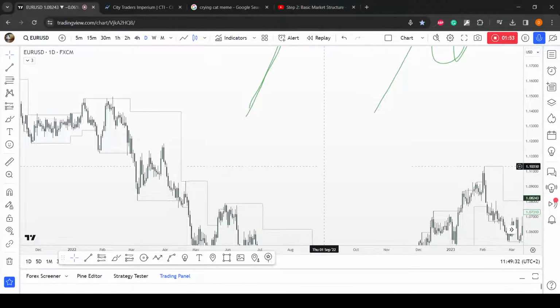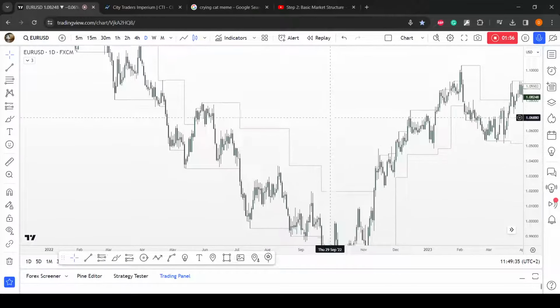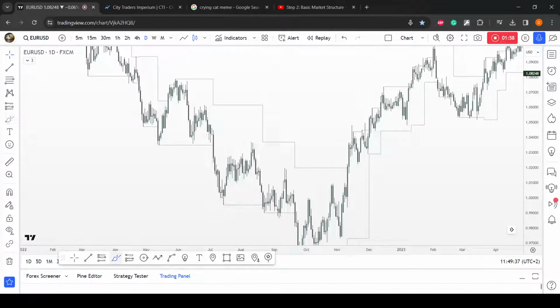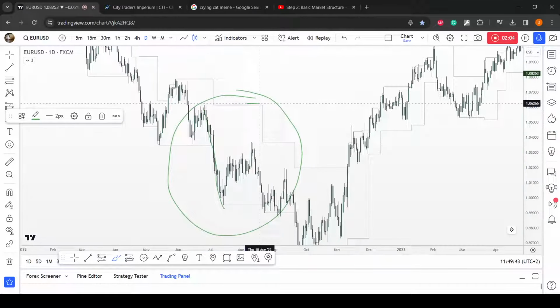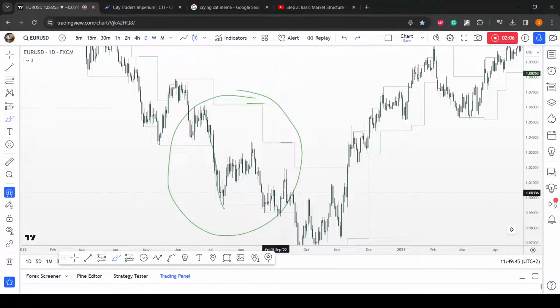A pullback rule is simply this. Concentrate on this part of price action, and do not think about these lines, I will tell you in a second what they are.